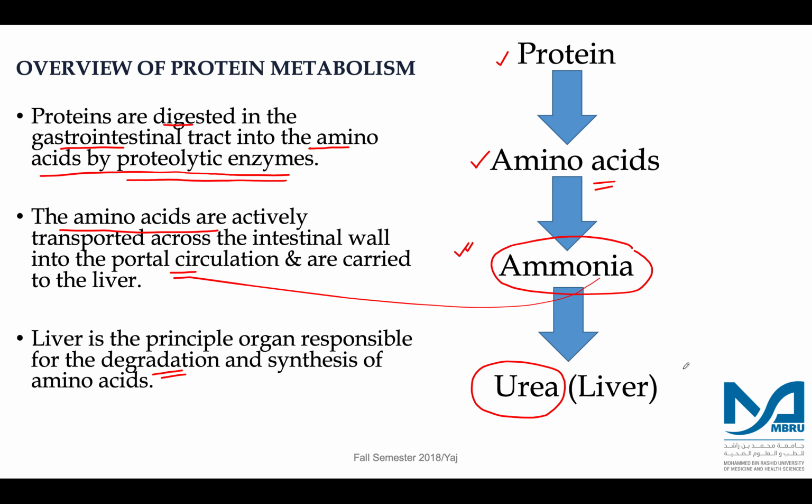One aspect you should note is that if there is any hepatic impairment, meaning the liver has some problem, then ammonia cannot be converted to urea, and that leads to toxicity. That means the person will have some impairment, and most of the time the organ that is affected by ammonia toxicity is the brain.